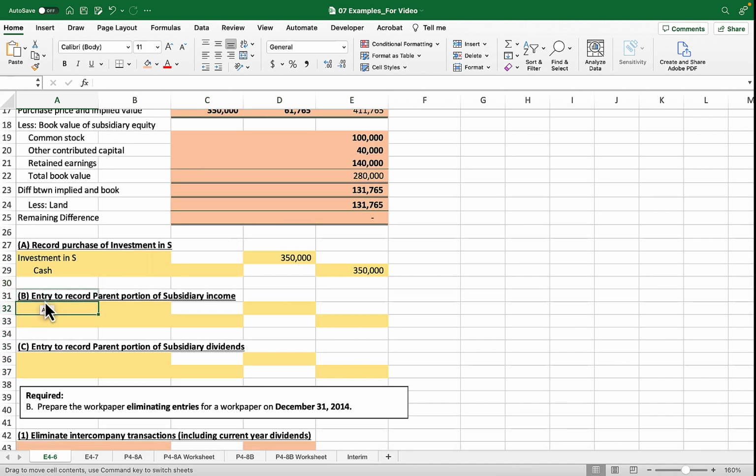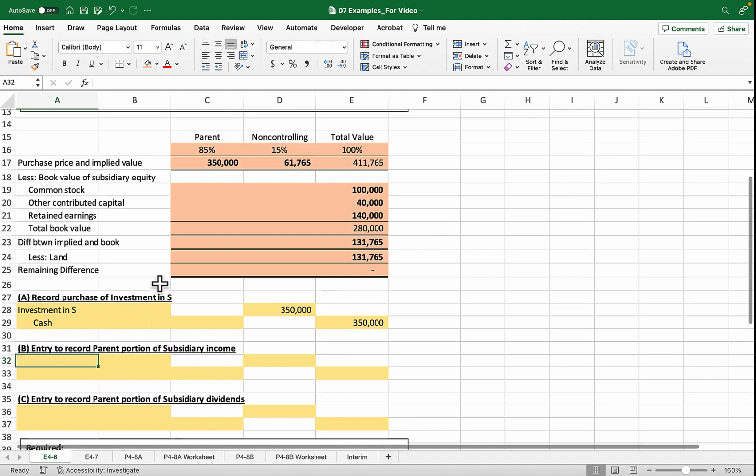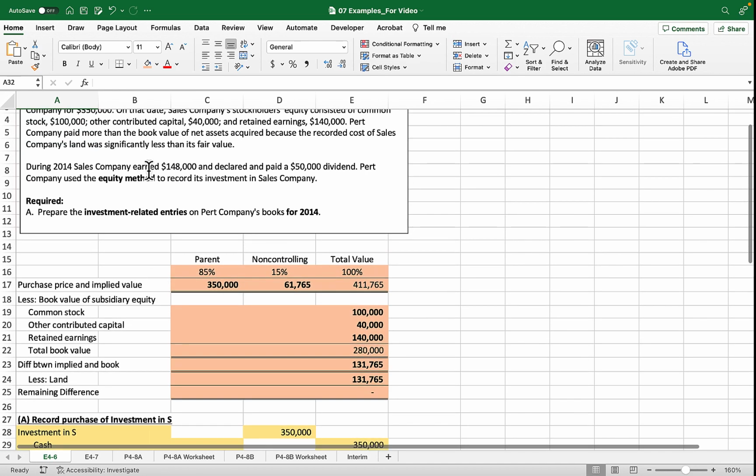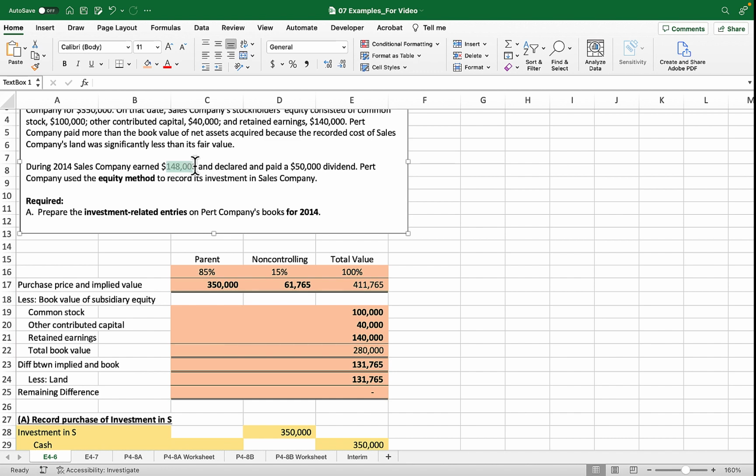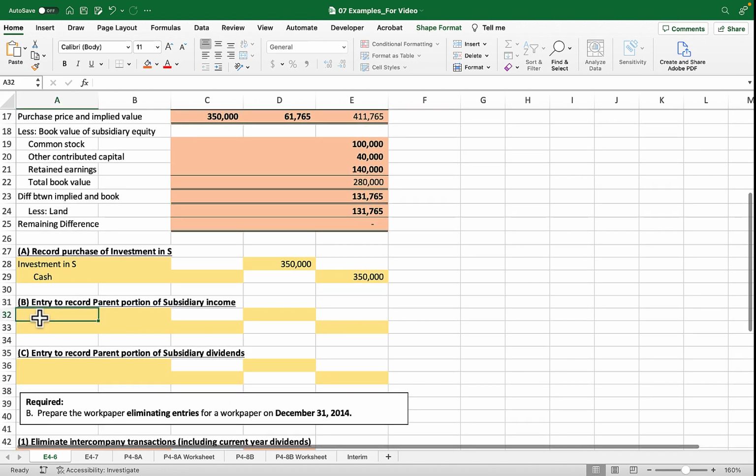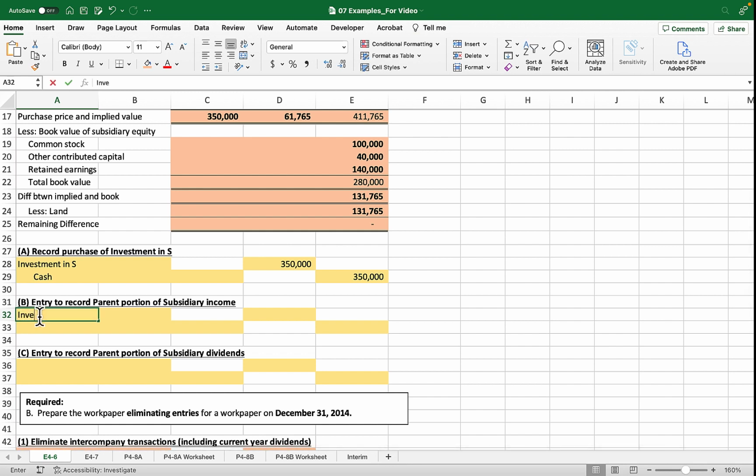The next one is to record the parent portion of the subsidiary income. That's just saying under the equity method, which is what we're doing here, we remember that when our subsidiary records income, we as the parent also record investment income, and we increase our investment in S as long as they had a positive income. So if we come up here, we see that they did earn $148,000. That's positive net income, so that's going to increase the value of our investment.